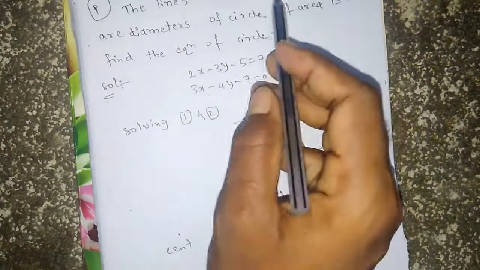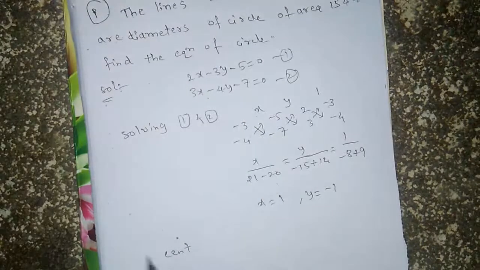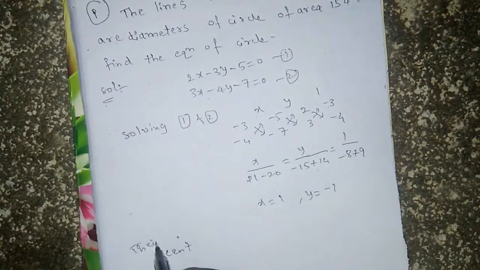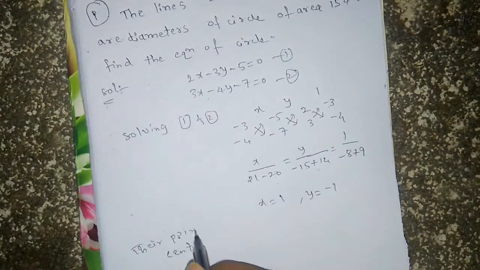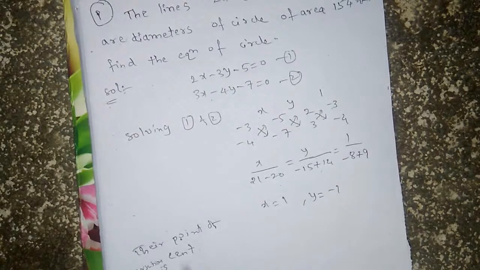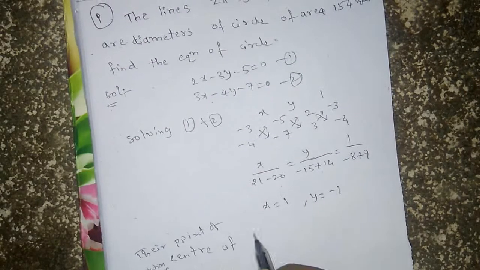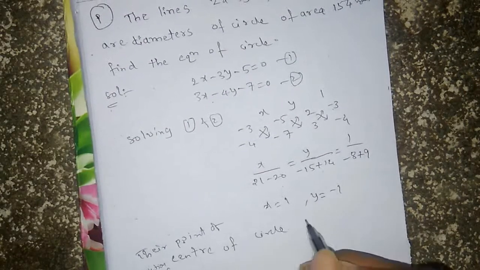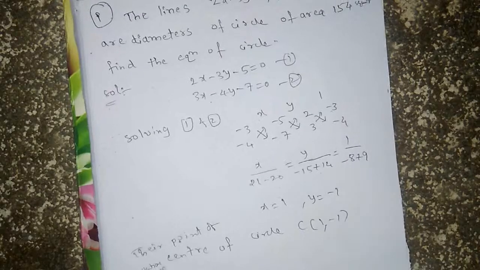Given that these two lines are the diameters, their point of intersection is the center of the circle, that is (1, -1).